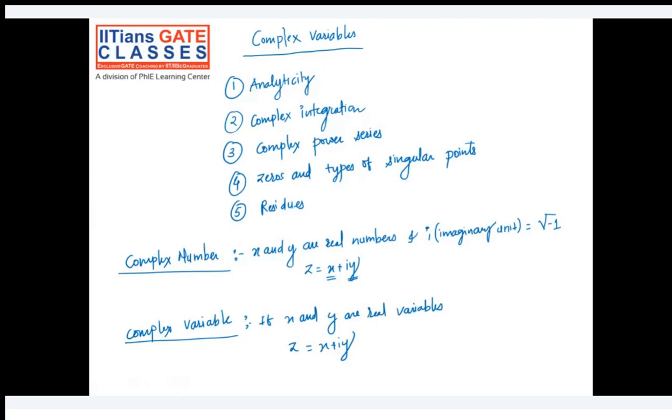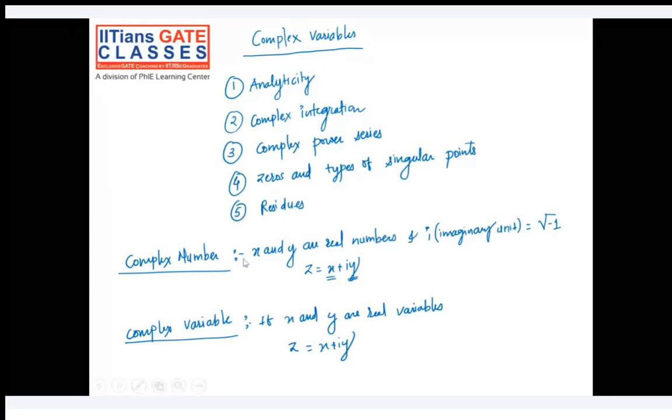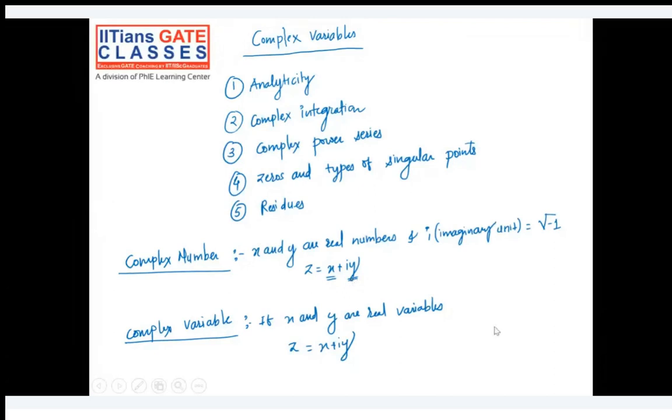So you all know that a complex number is in the form of x plus iy, where i is nothing but the root of -1. If x and y are real numbers, then x plus or minus iy is known as a complex number, where i is the root of -1. We know this. But what is a complex variable?